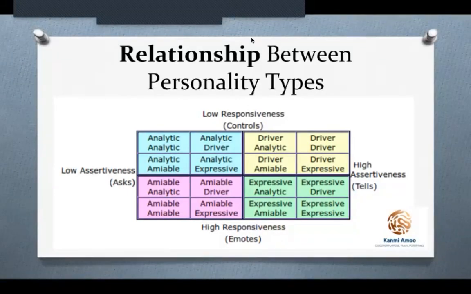It is usually combined with something else. It is rare to find a pure driver, or an amiable person, or expressive person. It might exist, maybe 1 in 1,000 of a population. But it's very rare. So you can find analytical amiable, analytical driver, analytical expressive, driver analytical, and all like that. One will be the dominant and one will be the recessive personality type.